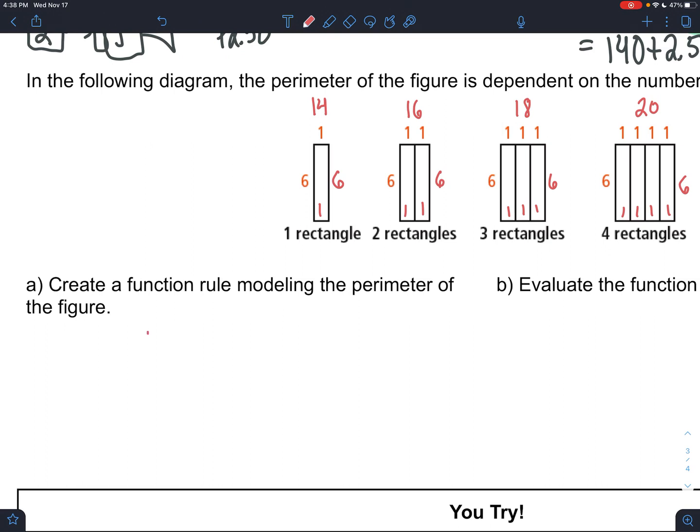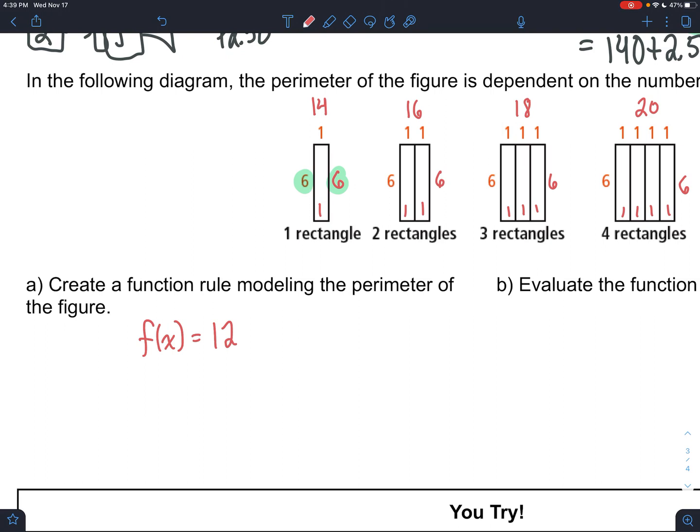So what I was thinking for this one was, we know that 6 and 6 show up in every single picture, as long as we have at least one. So to me that's kind of like our fixed amount, 12.